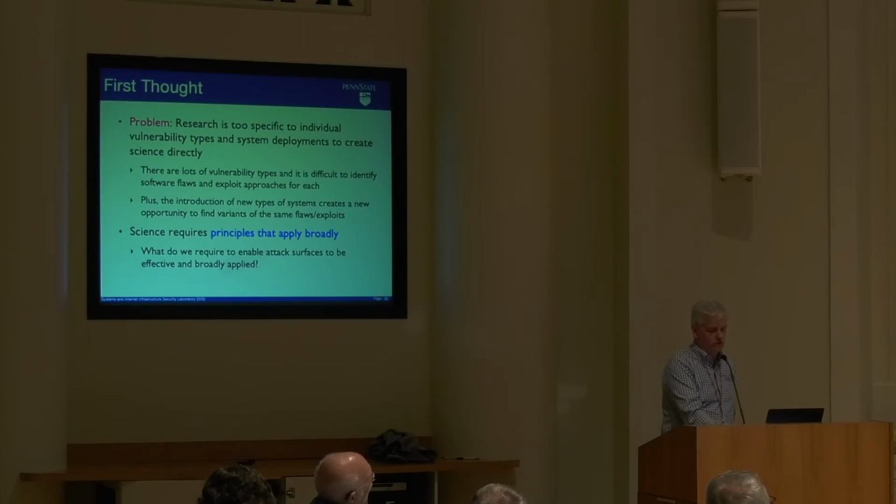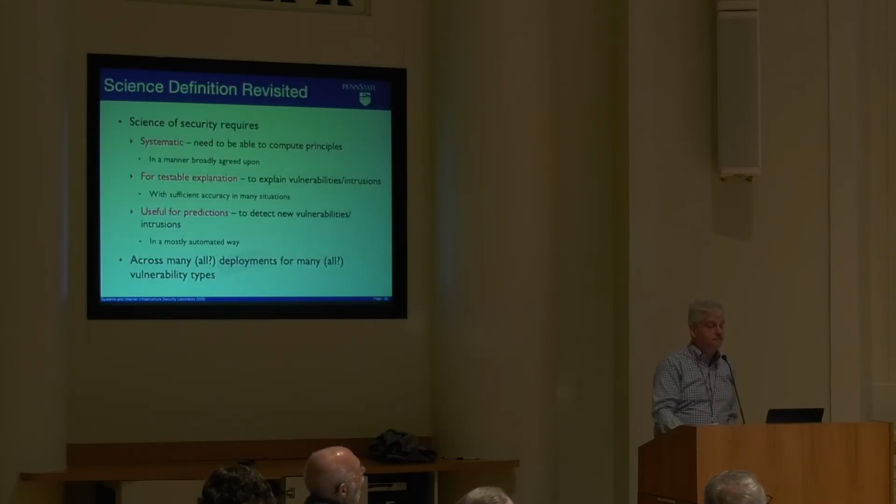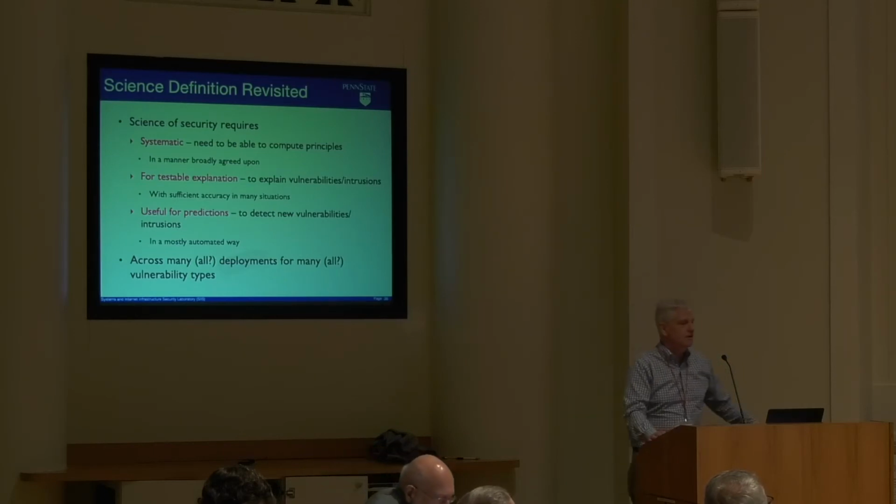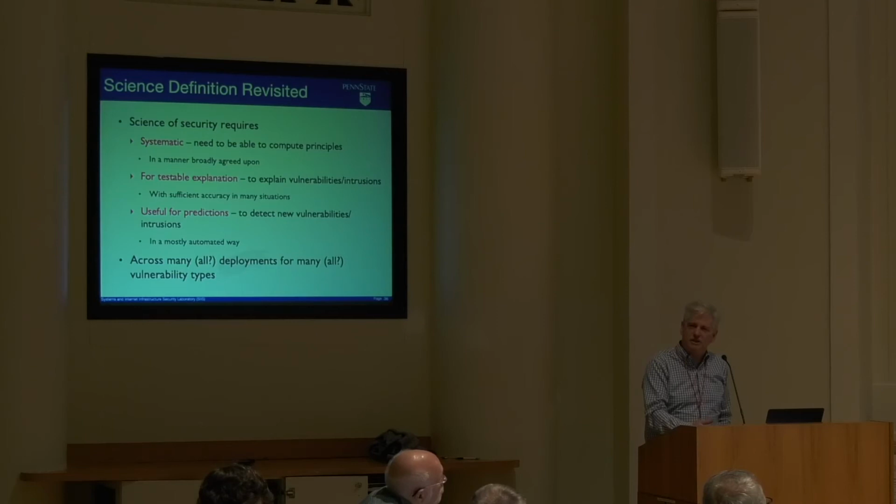So what do we need to do to look at attack surfaces as something that we can apply broadly? As we discussed at the beginning, science requires us to have something systematic. We need to be able to compute this. We've talked about being able to explain vulnerabilities with this technique, but we also need to be able to predict new types of vulnerabilities across many deployments and many vulnerability types.